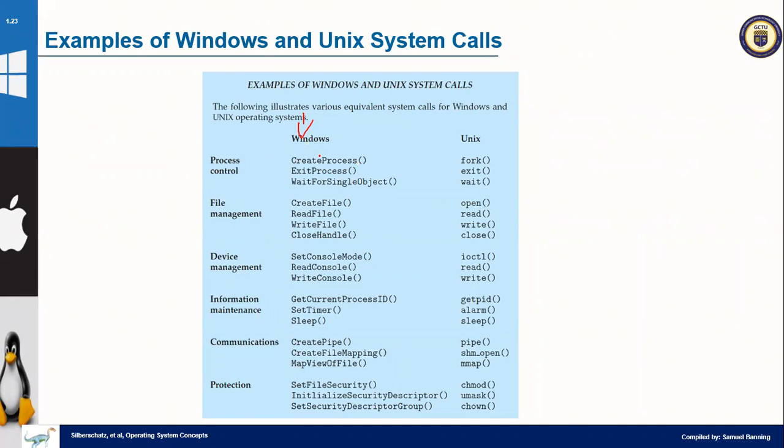Then you take this tempo run to a Unix operating system. Unix operating system does not understand the create process system call. So your first line of statement in the tempo run is not understood on the Unix operating system. Therefore, that program, the tempo run, cannot be executed on the Unix environment.